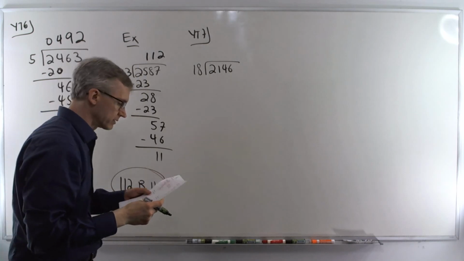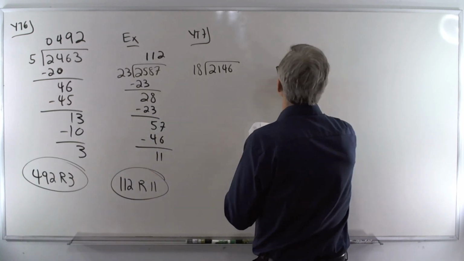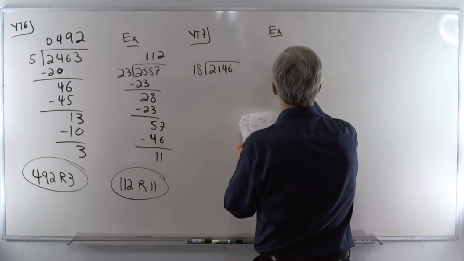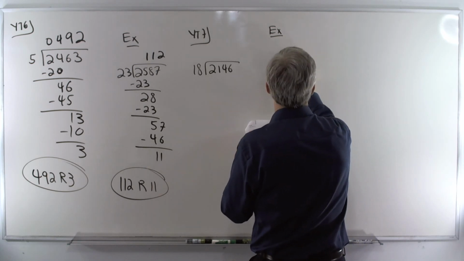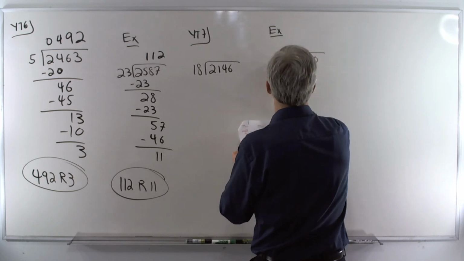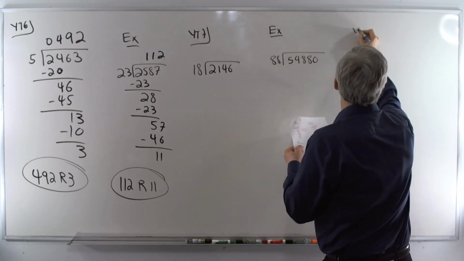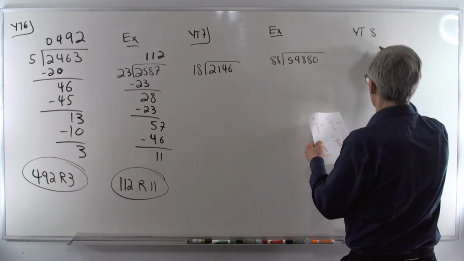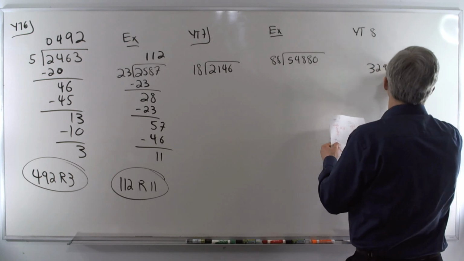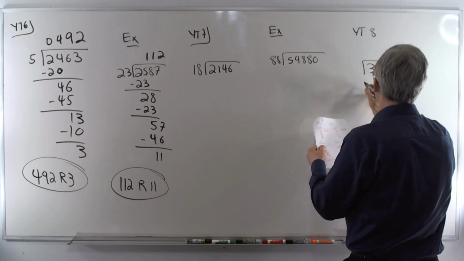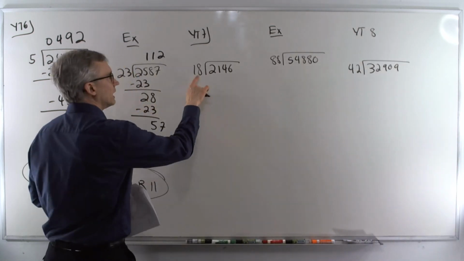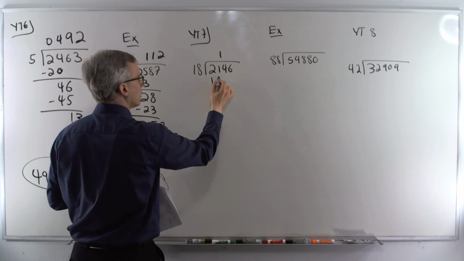$21.46 divided by 18. 18 goes into 21 one time.